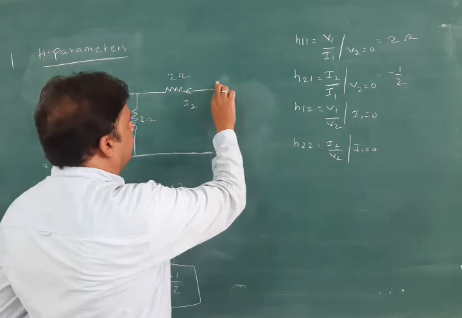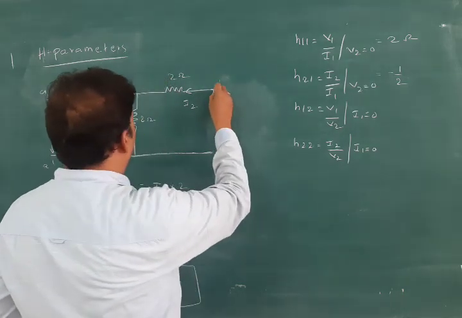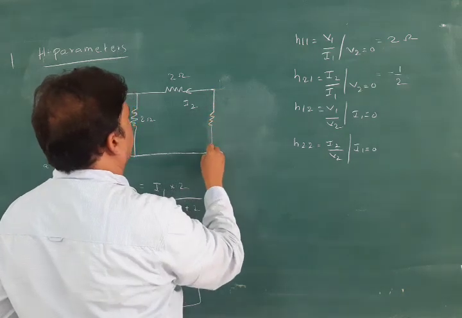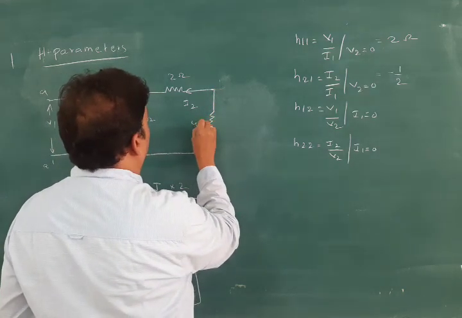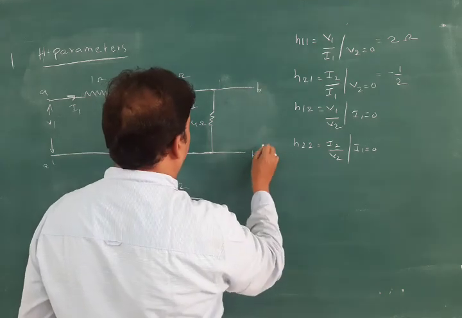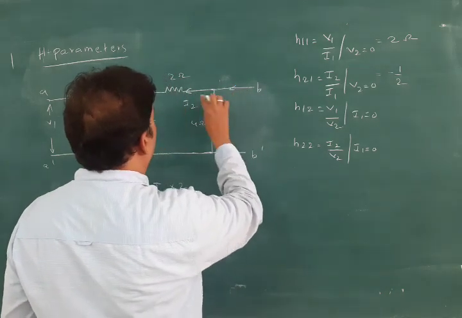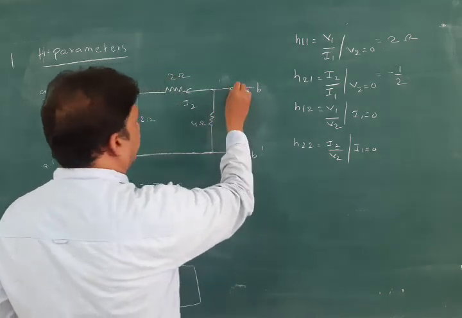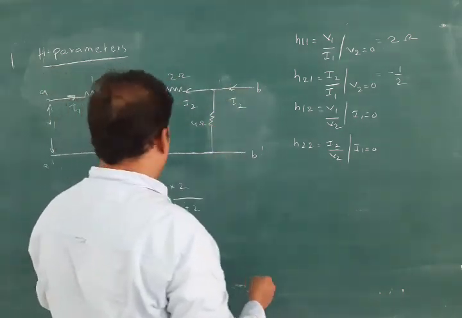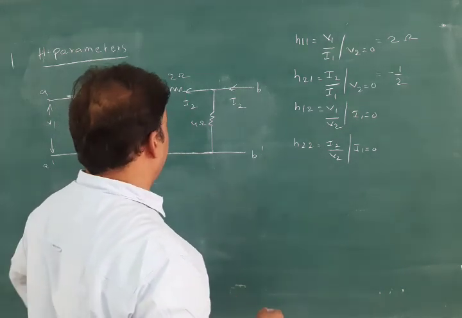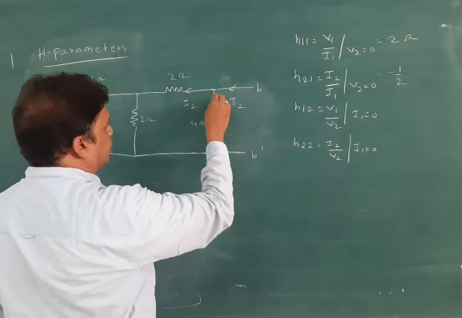Now we will draw the normal circuit again. Here you have 4 ohms, and this is B dash, and here I2 current flows, and then we can write the branches here.